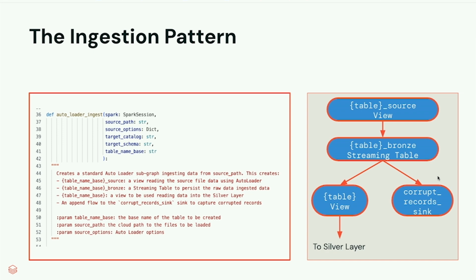It builds a DLT subgraph that reads the data using autoloader in a source view, and then materializes it in a bronze streaming table. After that, we utilize the quarantine pattern so that on one side, we isolate any corrupt data that needs to be further triaged. And we want to expose a cleaner view of the bronze table for consumption in downstream layers.